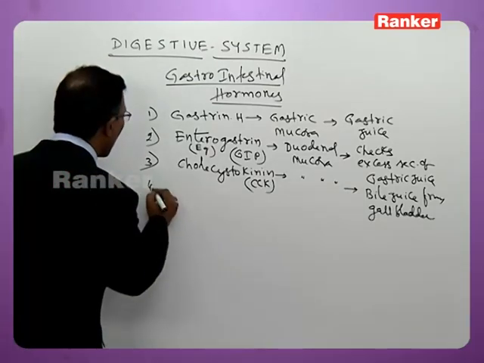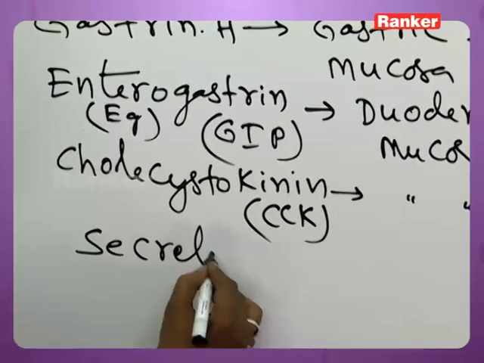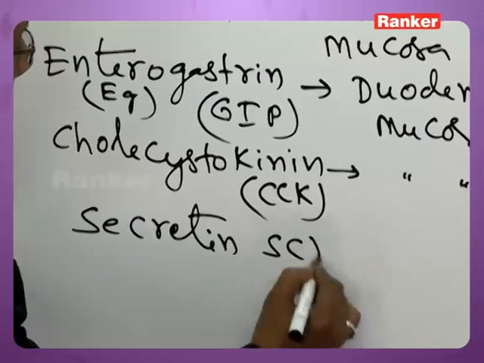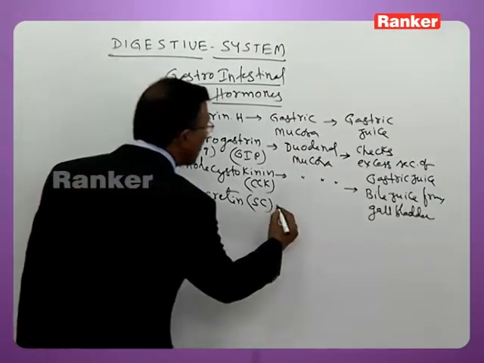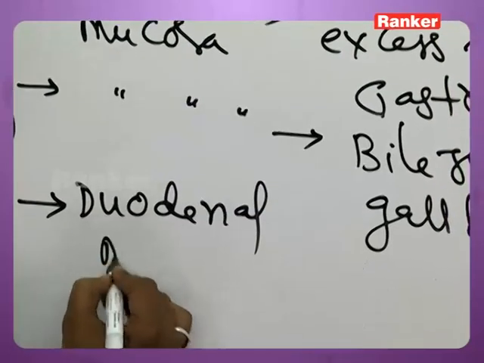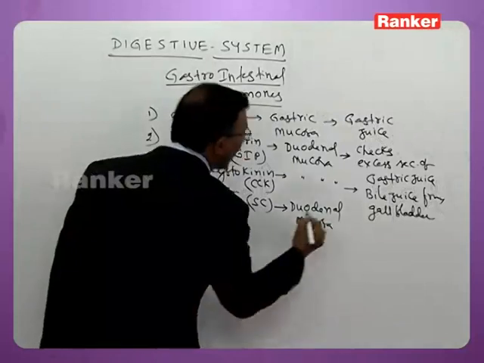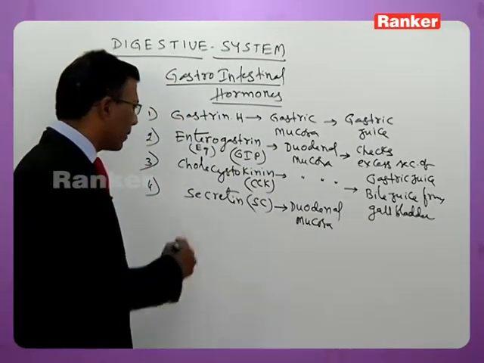The next you have another hormone called secretin, commonly referred to as SC. Now this is secreted by the same source, that is, the duodenal mucosa. And what is the function here?